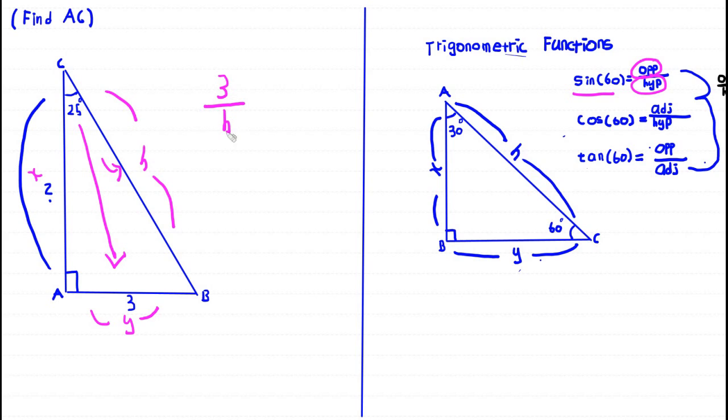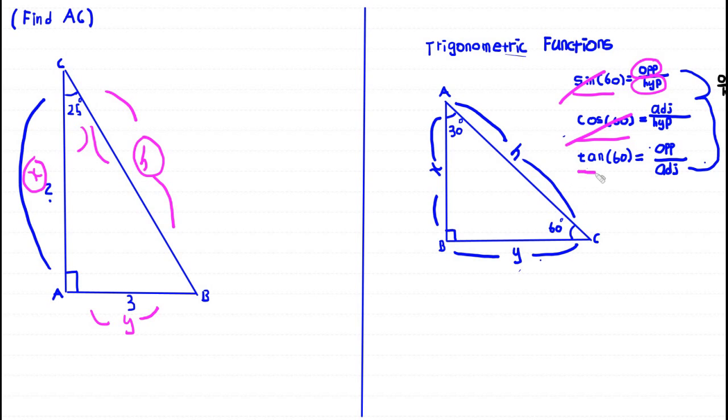So it should be 3 over 8, which is opposite side over hypotenuse. But we are not finding the hypotenuse value. We want to find the value of x, so we can't use sine. For cosine, it is adjacent over hypotenuse. Also, we don't know either the adjacent or the hypotenuse, so we can't apply cosine for this triangle.